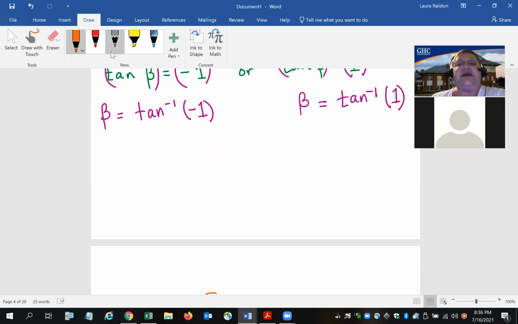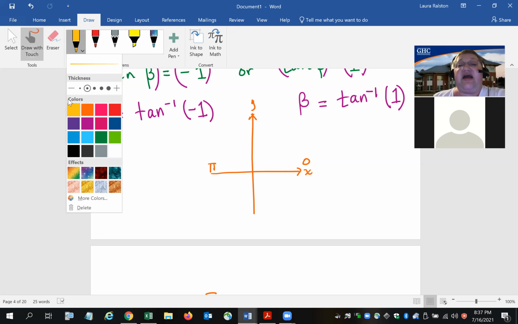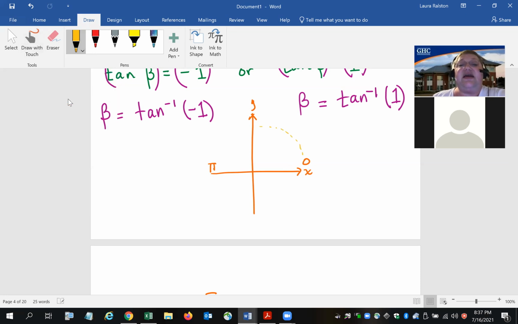Using that information, it's going to get a little wonky because in the original problem, it tells us that our answers have to be between negative pi and pi. So it's kind of weird. Okay, here's 0, here's pi. If you rotate in a positive direction, you're going to get the answers for quadrant 1 and quadrant 2.